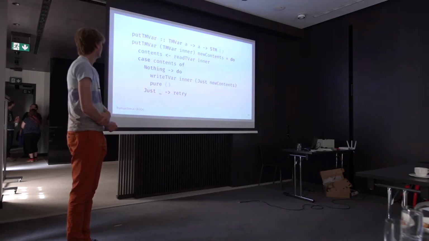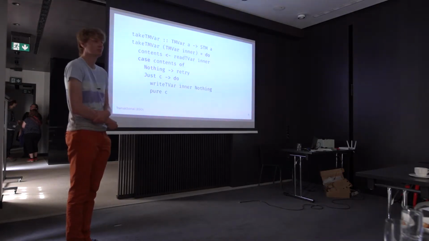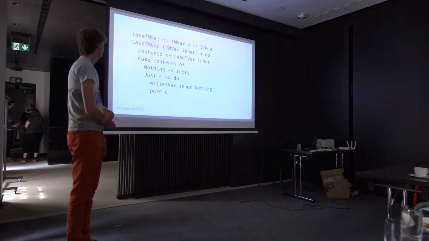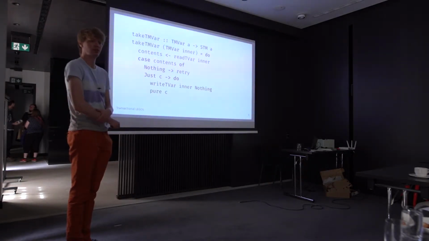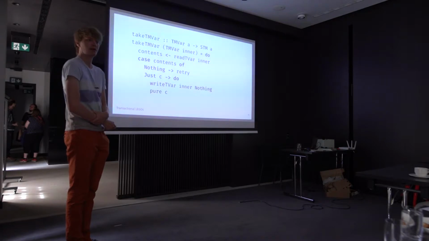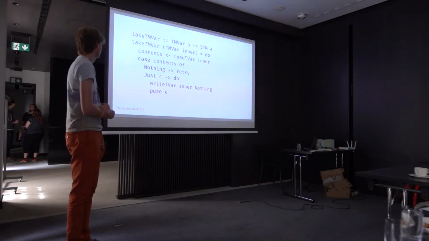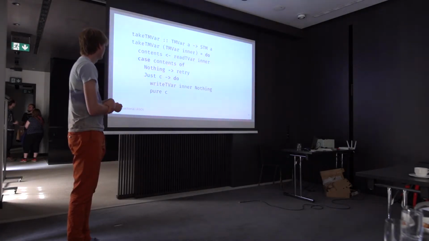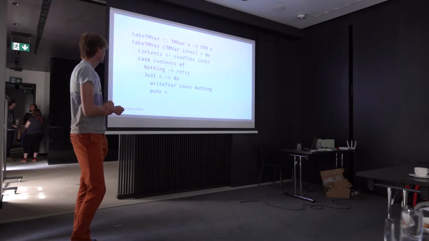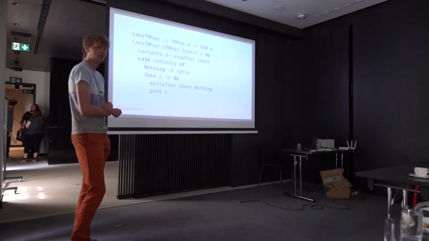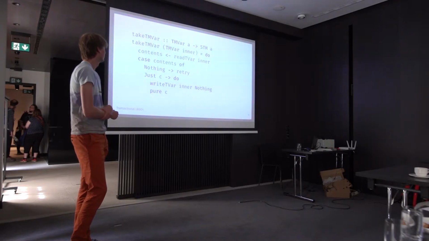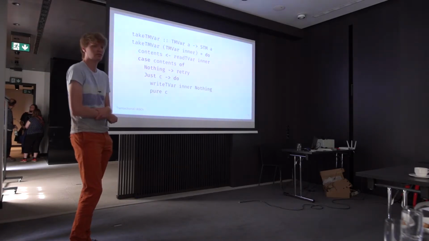Cool. Take TMVAR is reading from it and leaving it empty if we can actually read from it. Same story here. We unwrap, we read the contents, we match on the Maybe contents. If it's Nothing, we retry. If it's a Just, we write Nothing and then return the contents of the Maybe.